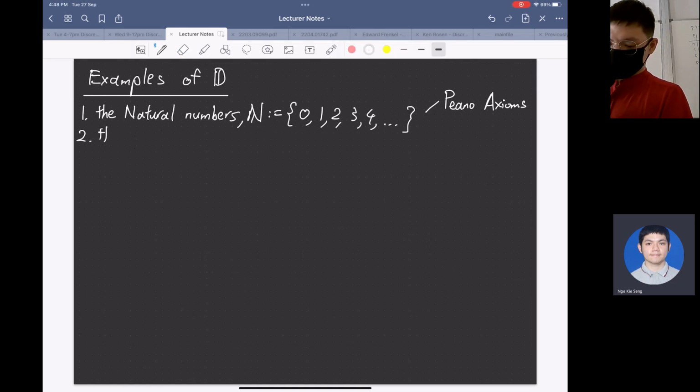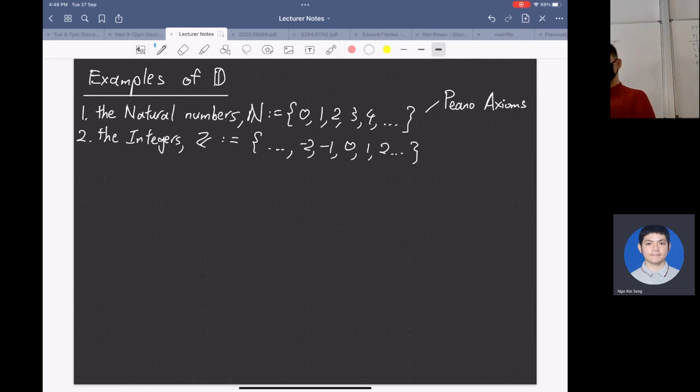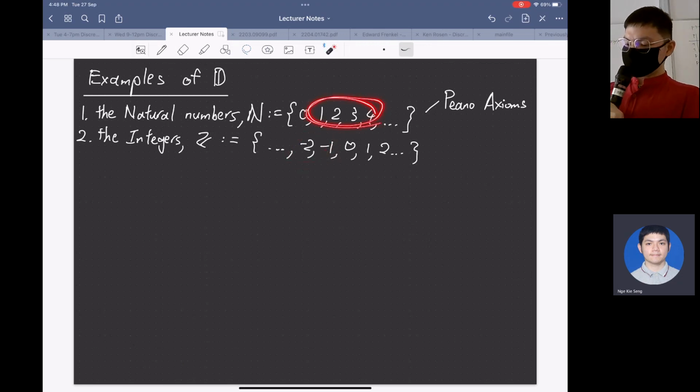Second is the integers. Integers are the negative numbers and also the original ones. So why are there negative numbers in here? When you add the numbers here, you only get bigger and bigger.